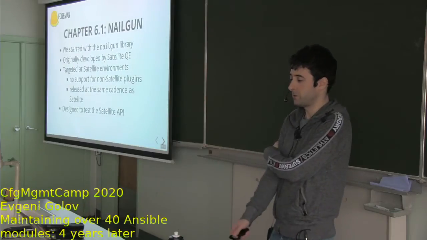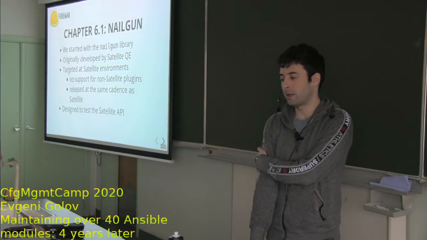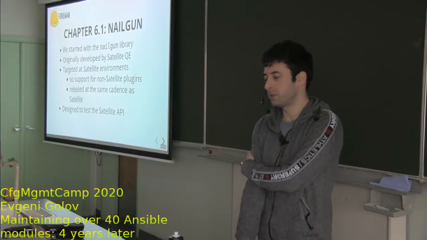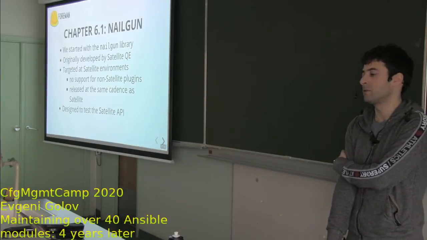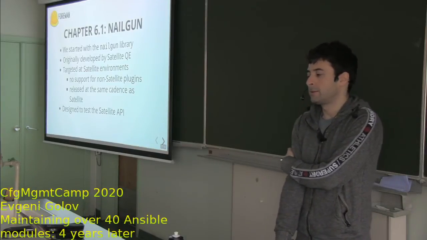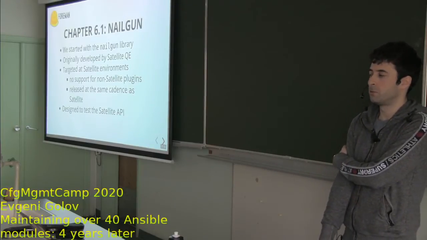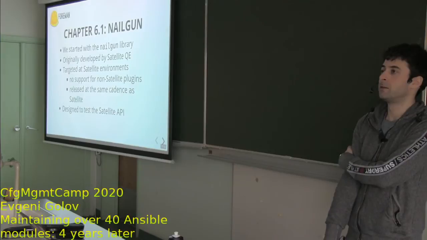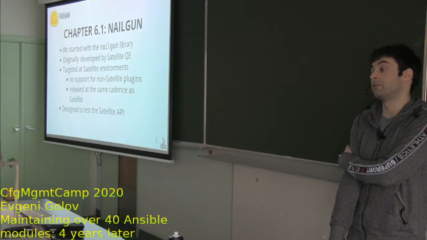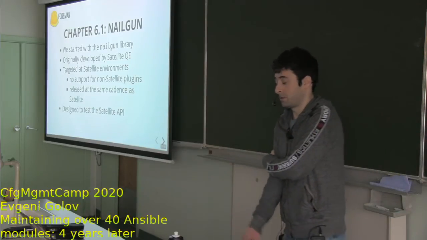The first library we used was Nailgun, and as mentioned, it was originally developed for Satellite by the QE organization, and it was limiting us, but it also allowed us to move quicker than without any library at all. So we used that because it was there.